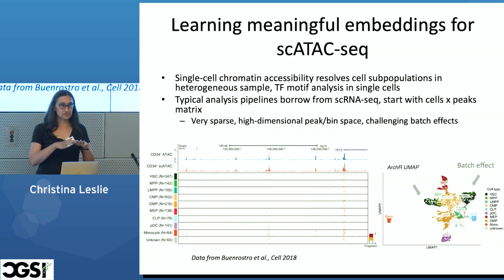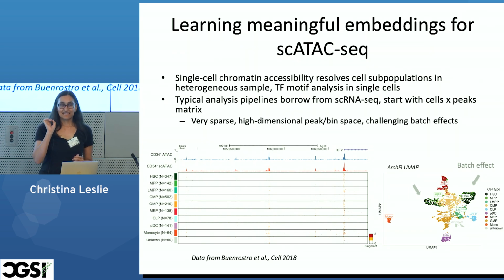It allows you to map chromatin accessible events, which we think of as enhancers, promoters, maybe other structural elements like CTCF binding sites, in single cells. We can also infer transcription factor motif accessibility in single cells. We can find different cell types and differentiation states in a complex sample.